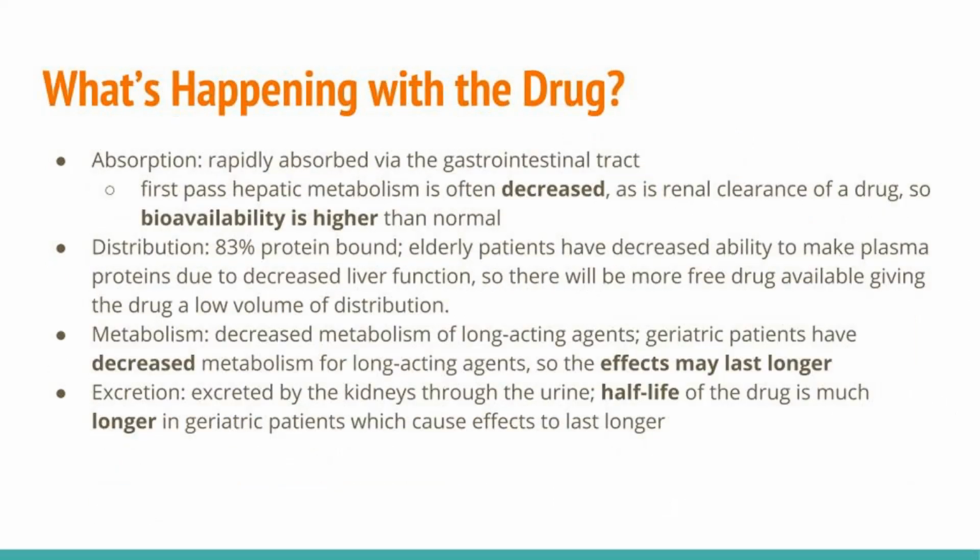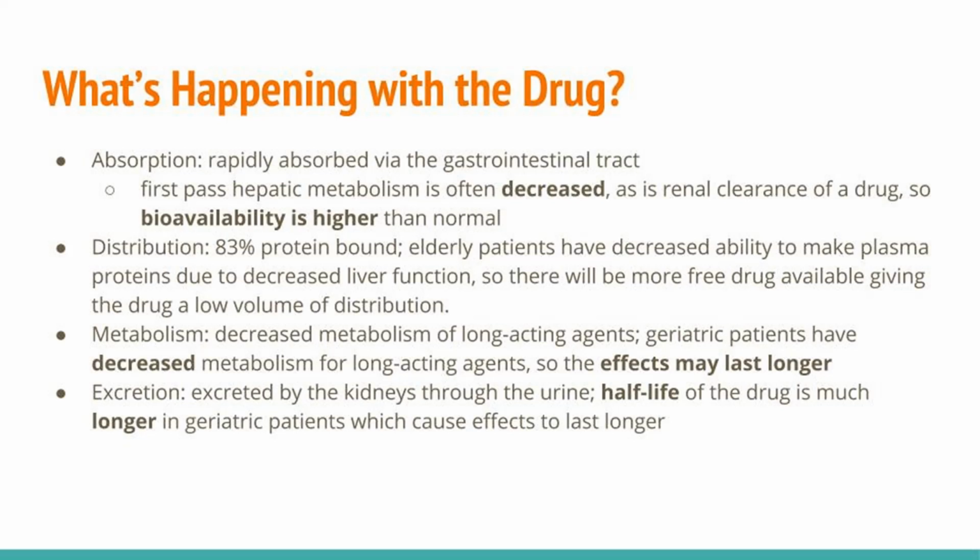As discussed in the previous case study, geriatrics has varying effects on pharmacokinetics. In this case study, Flurazepam is absorbed rapidly because elderly patients have decreased hepatic metabolism, so the drug has time to be absorbed. For this reason, bioavailability is increased. This drug is normally around 83% protein bound.